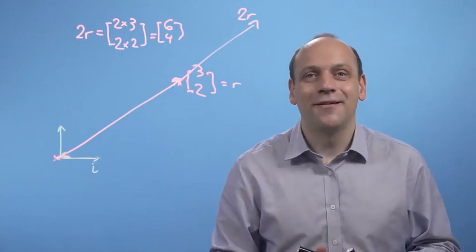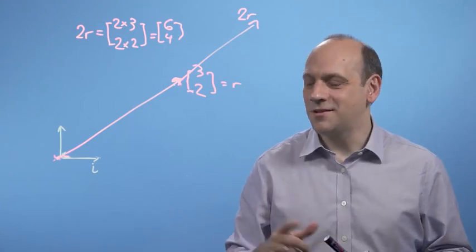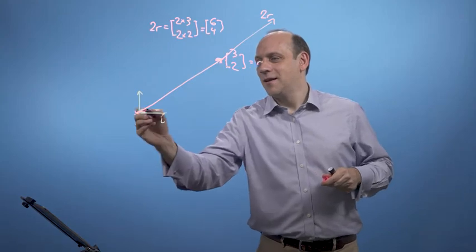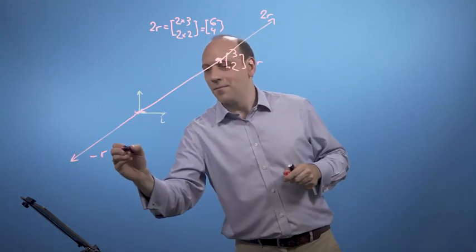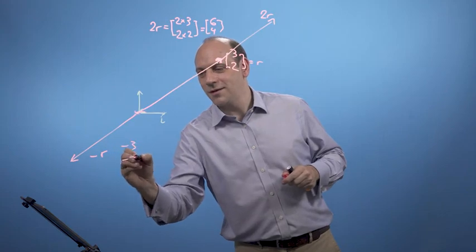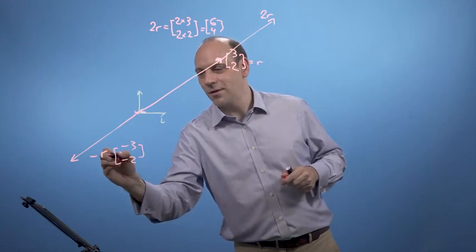Now, you need to think about another question, which is minus r. So r is this, minus r is then that, which will be minus 3, minus 2. That will be minus r.